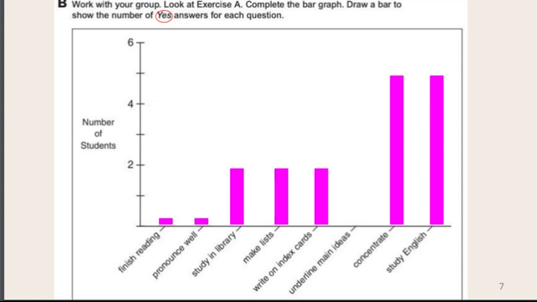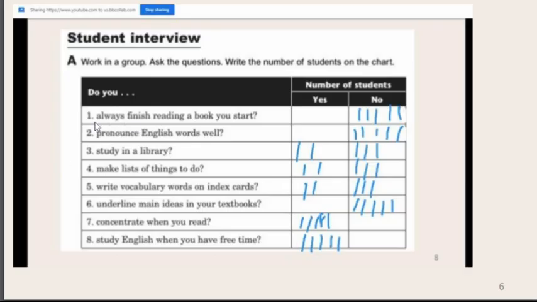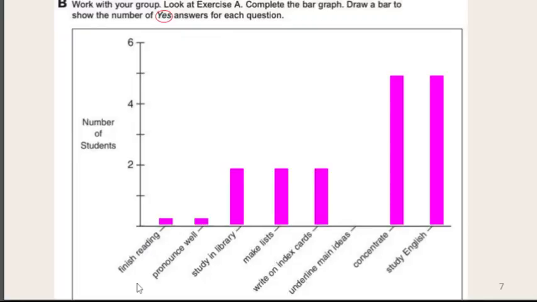Here is the bar graph for the chart that we just looked at. 0, finish reading a book that they don't like. 0, always finish reading a book they start. 0, pronounce English well. 2, study in a library. 2, make lists. 2, write on index cards. 0, underline main ideas.